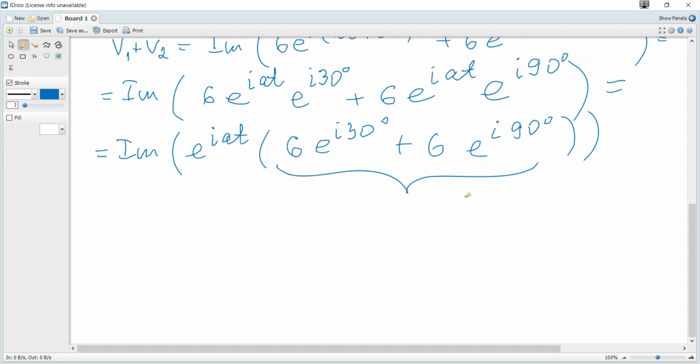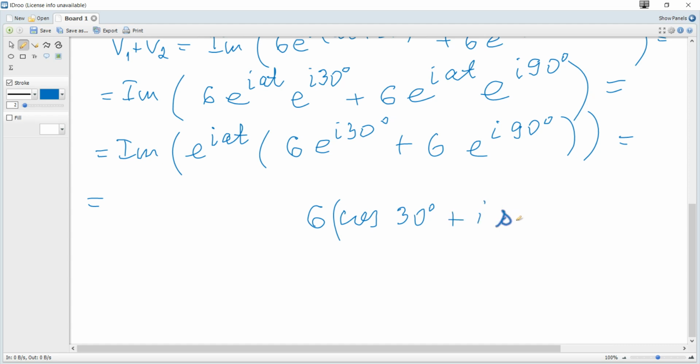This can be added using a calculator, or if it contains simple angles for which we know exact values of sine and cosine, we can use the formula again: it's 6 cosine of 30 plus i sine of 30 degrees. But in general, we can just use a calculator.